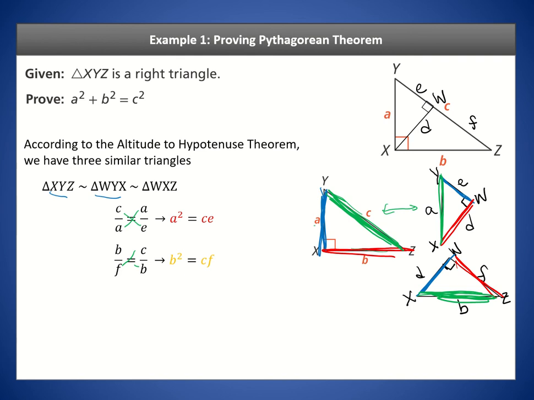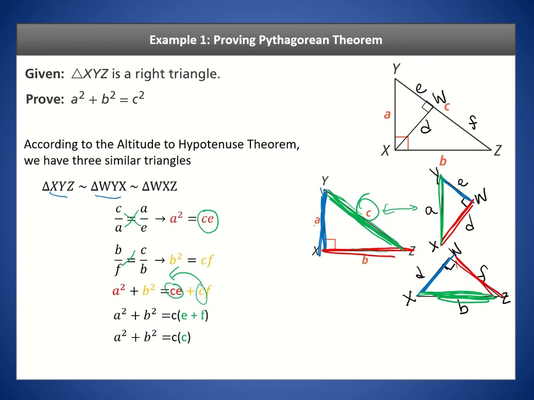Now we're going to plug these into the Pythagorean theorem. We know A squared plus B squared. We're going to replace A squared with CE, and B squared with CF. Since they both have a C in common, we can factor it out, and we get C times E plus F. Now E plus F is actually C, which is this green C here.